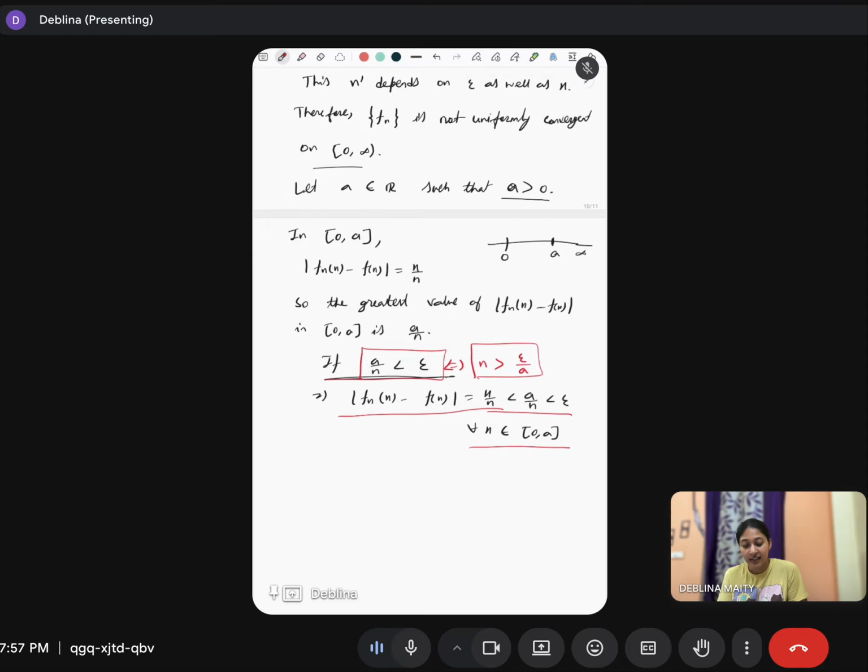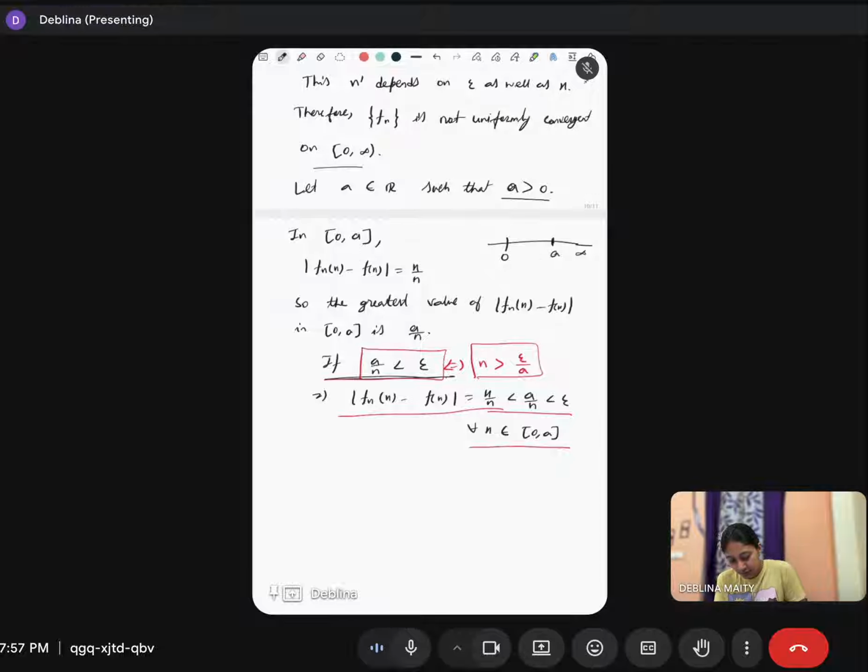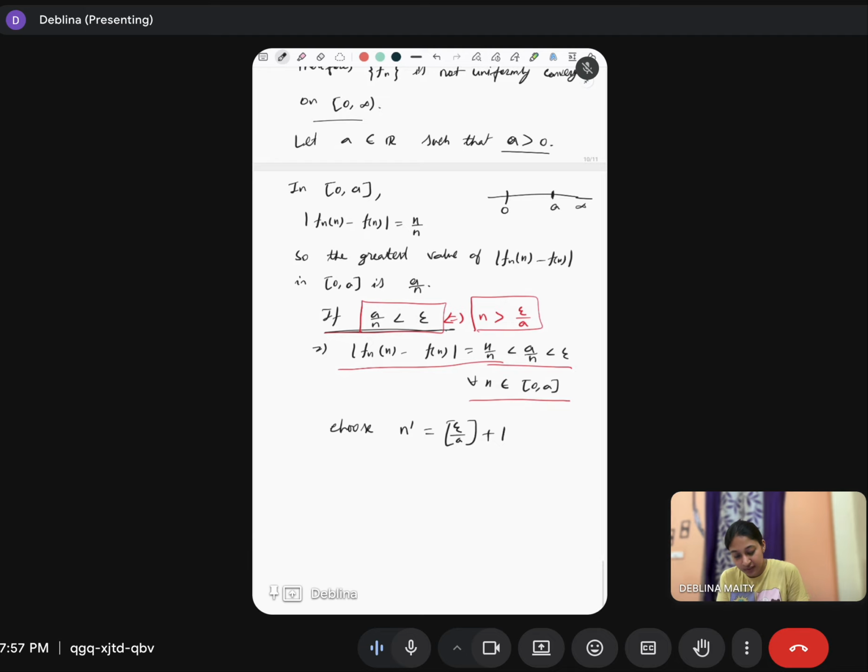Now you see that this n is not depending upon x, right? So if we choose N' to be the floor of a by epsilon plus 1, now it is clearly greater than a by epsilon.